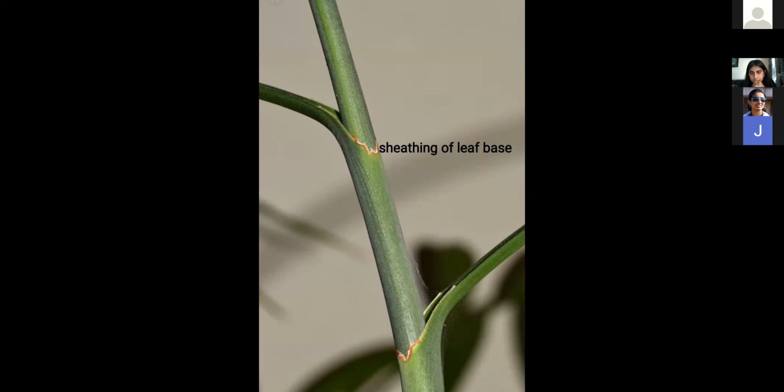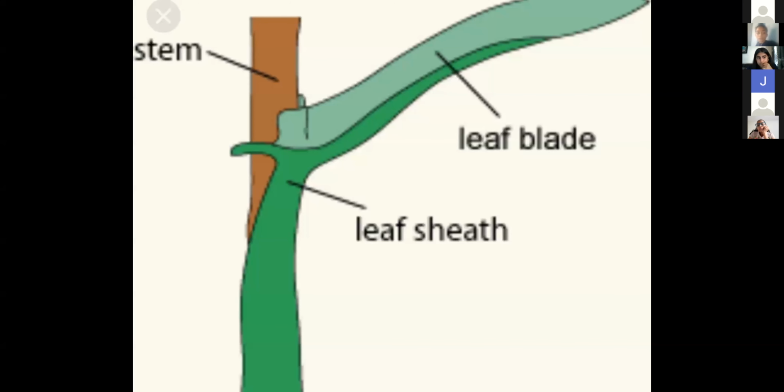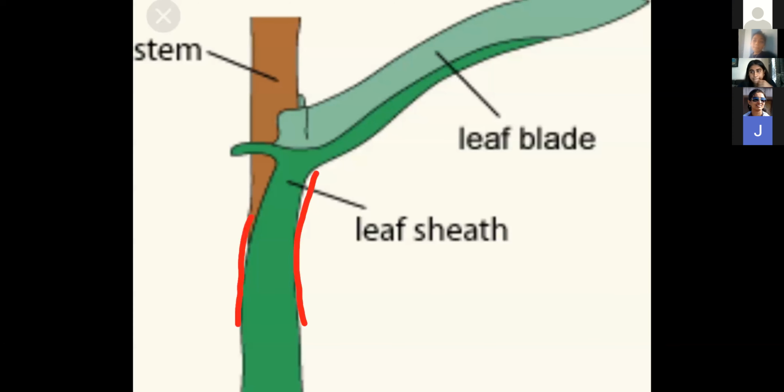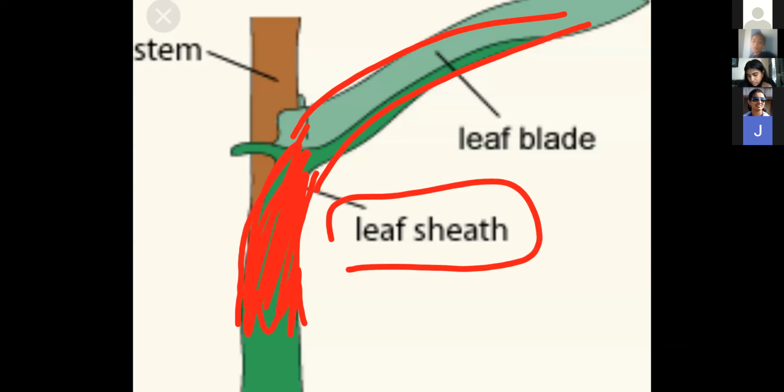It is a flattened structure. Next, in this one also you can make out sheathing leaf base. Leaf originates from here. So this much part we call the leaf base, which covers the stem axis.